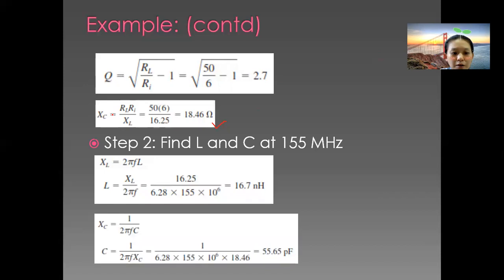Then we can find our capacitance, C, which equals 1 divided by 2 pi F XC. So C equals 1 divided by 6.28 times our frequency, 155 times 10 to the power of 6, multiplied by our reactance 18.46, which equals 55.65 picofarad, pF.